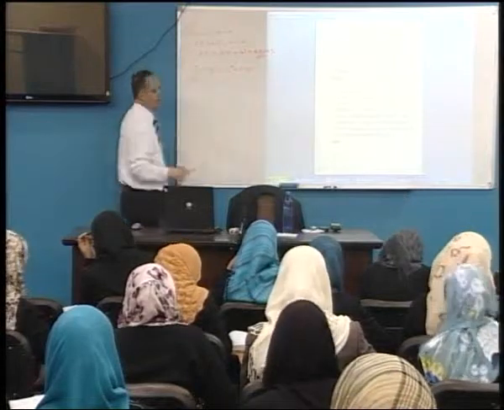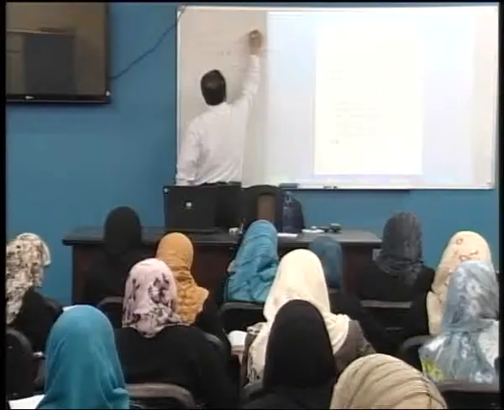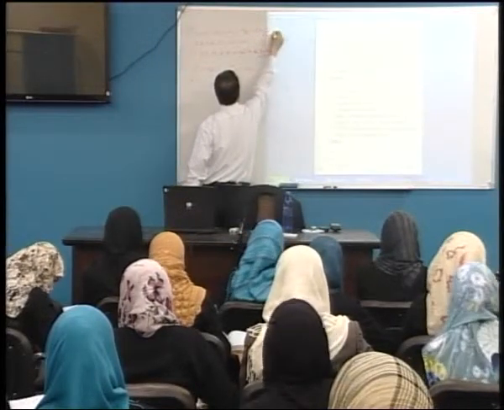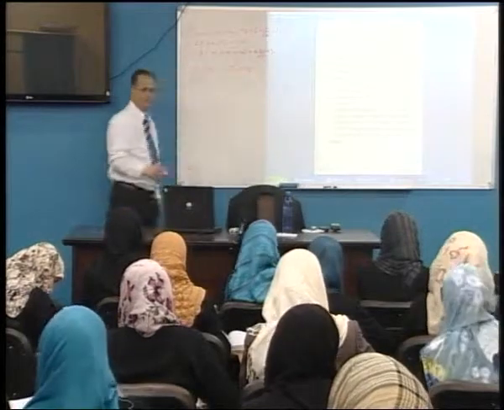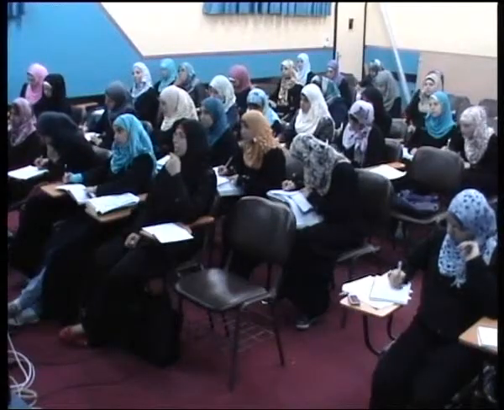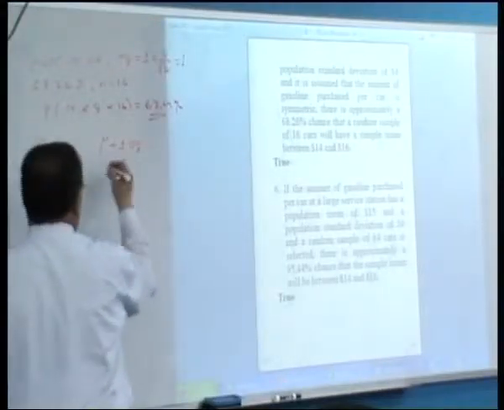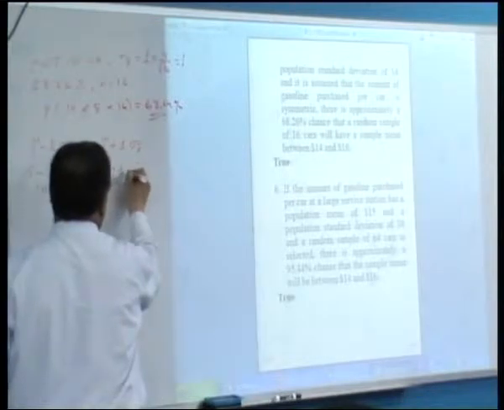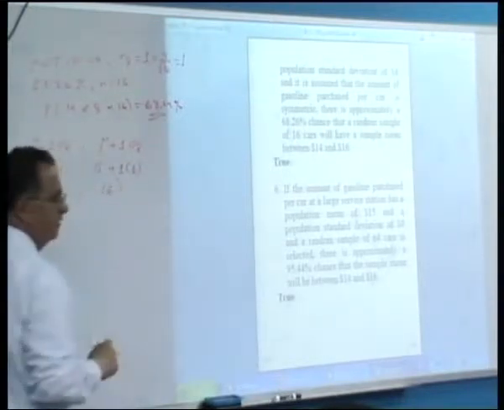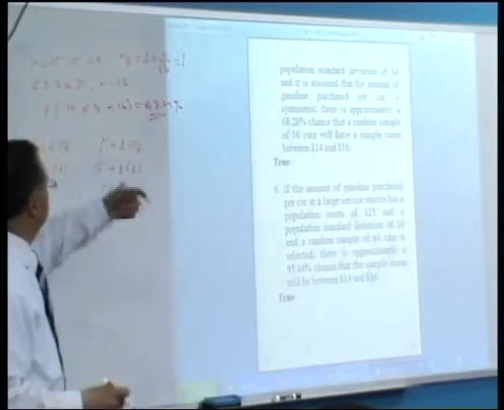Now sigma of X bar is also 1 because 4 divided by square root of 16 is 1. So 15 minus 1 times 1 is 14. On the other hand, 15 plus 1 times 1 is 16. The problem says 68%, the answer is correct.